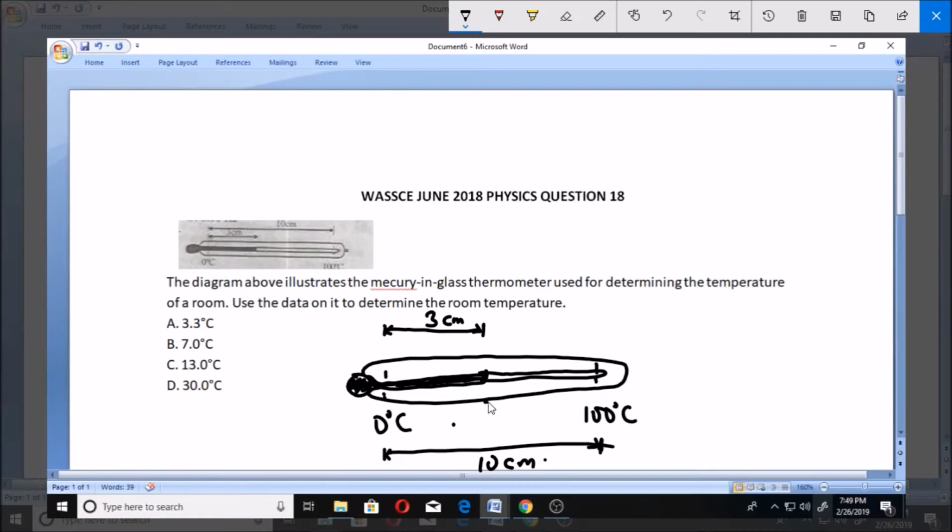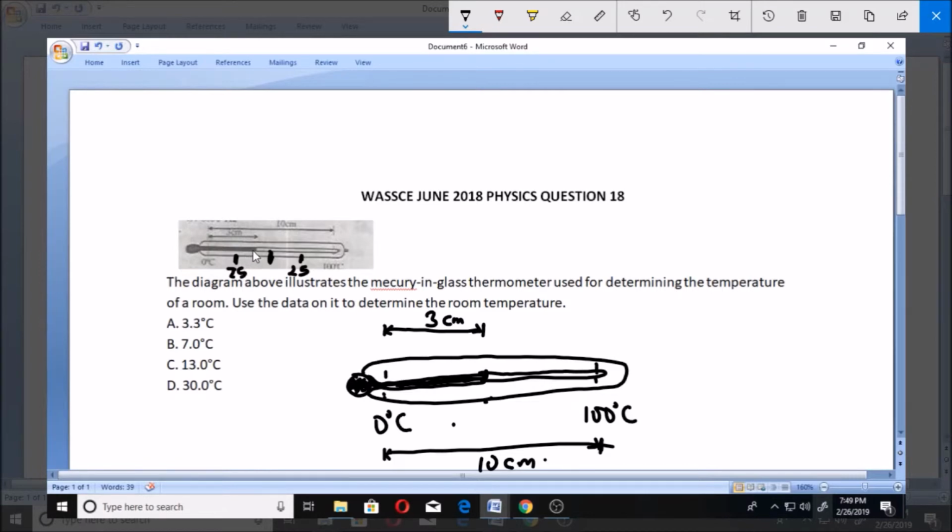So if you take half of here, then you're gonna have 5 here and 5 here. That's half. Then if you take half of half, so that you can have 25 here, this is where you can have 25 degrees, which is the room temperature.